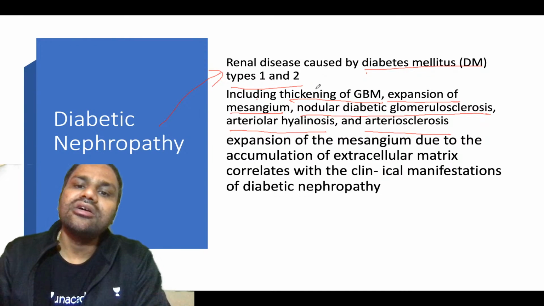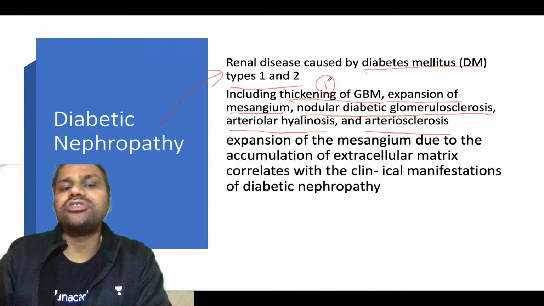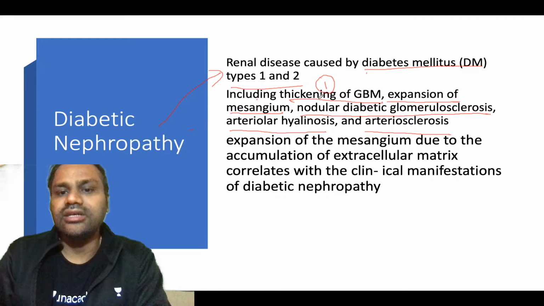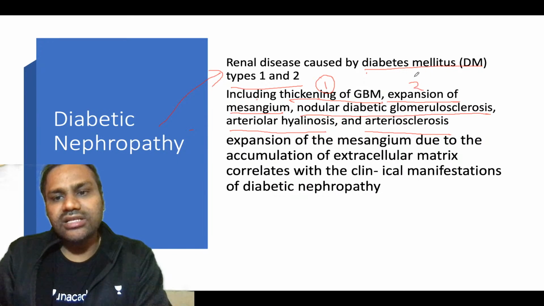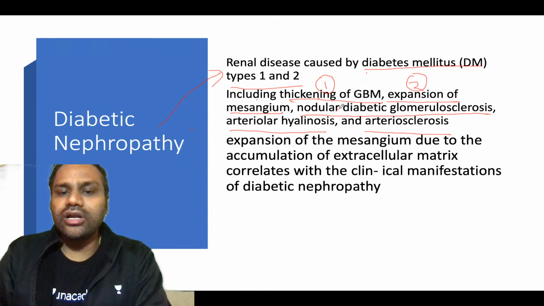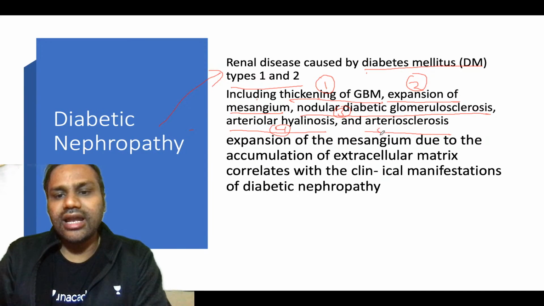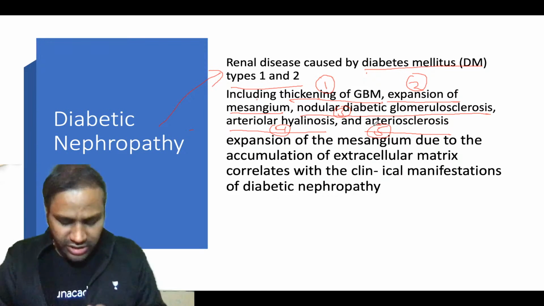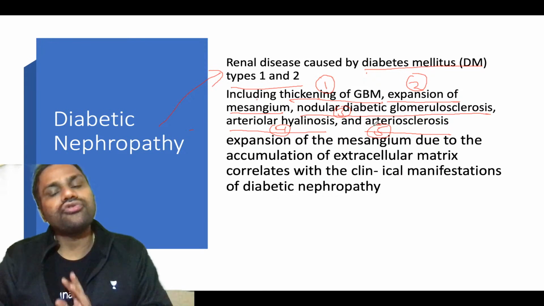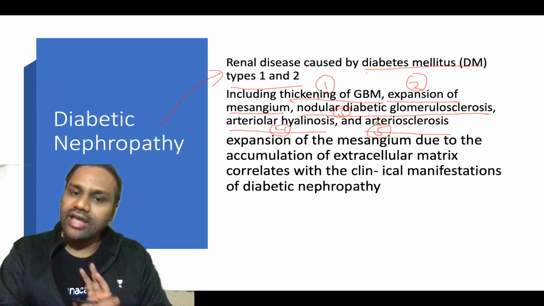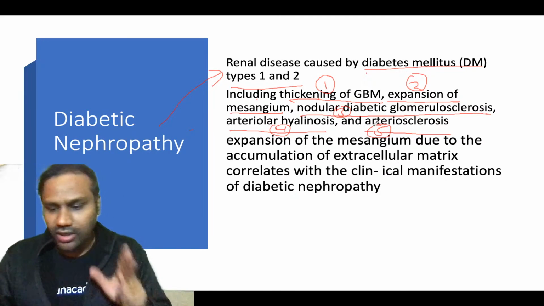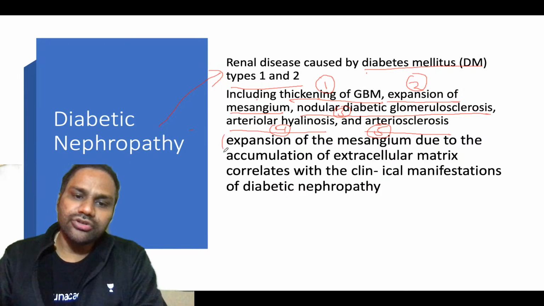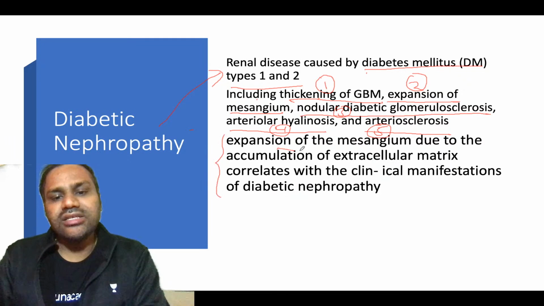These are the most important points you need to know: thickening of GBM, expansion of mesangium, nodular diabetic glomerulosclerosis, arterial hyalinosis, and arteriosclerosis. These are the 5 things you need to remember in diabetic nephropathy.